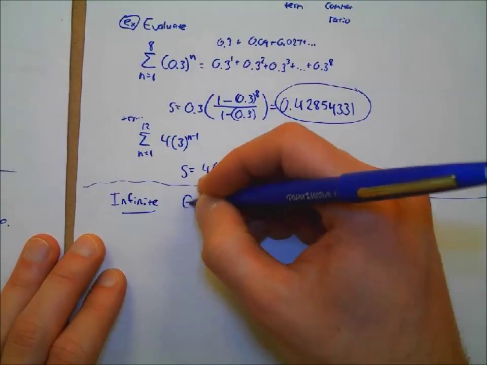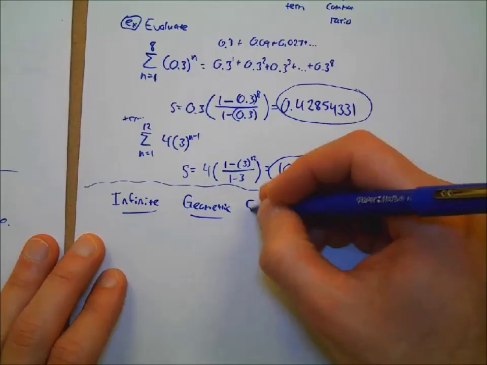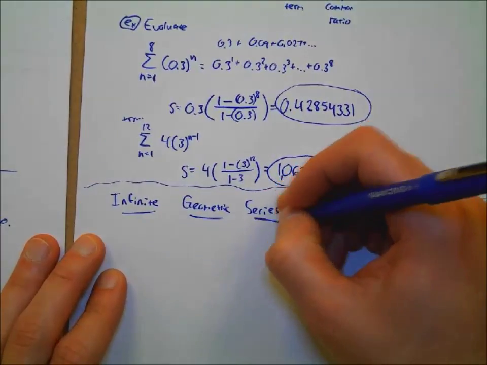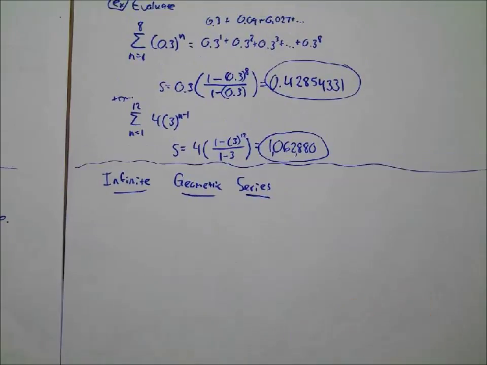Now, let's take a look at adding up an infinite number of things. With arithmetic series, let's go back to yesterday. We already established that if you try to add up an infinite number of things whose common difference is the same, you're going to get either infinity or negative infinity, depending on whether your common difference is positive or negative.